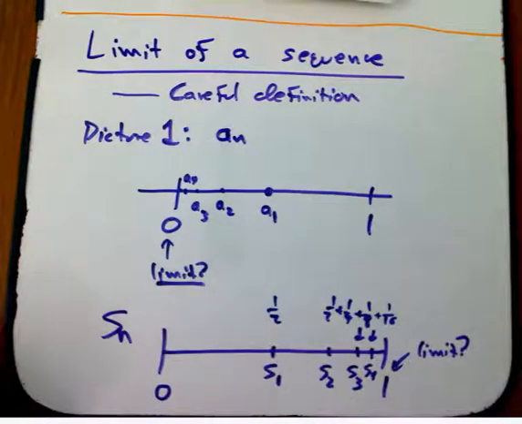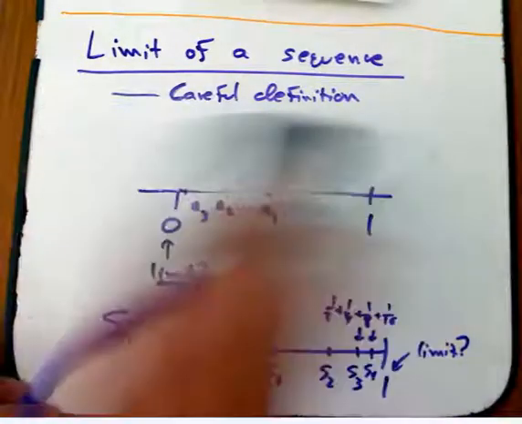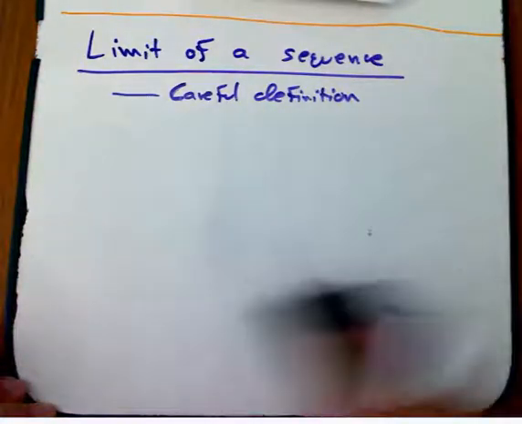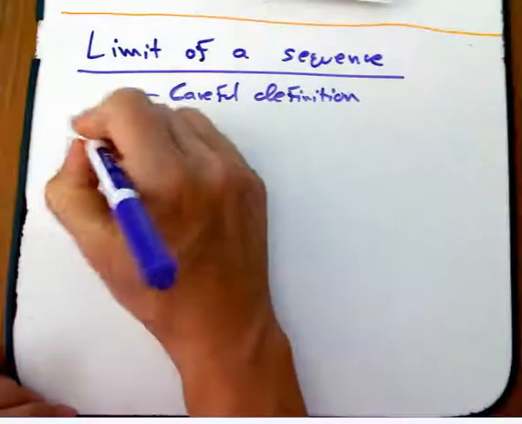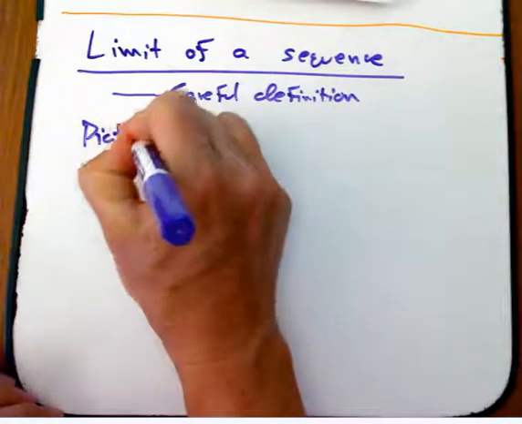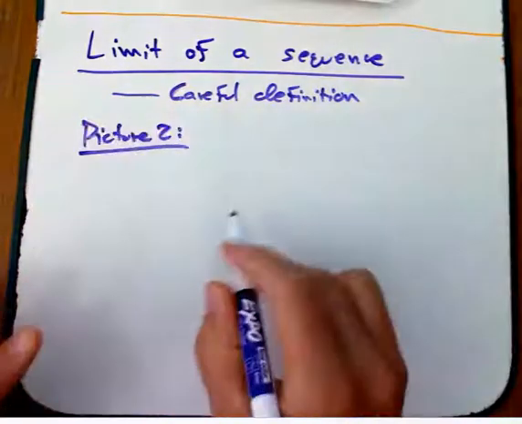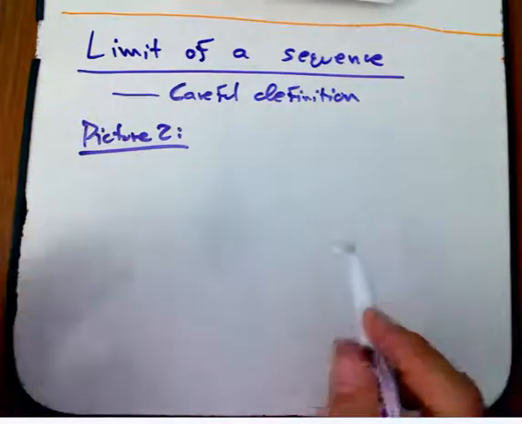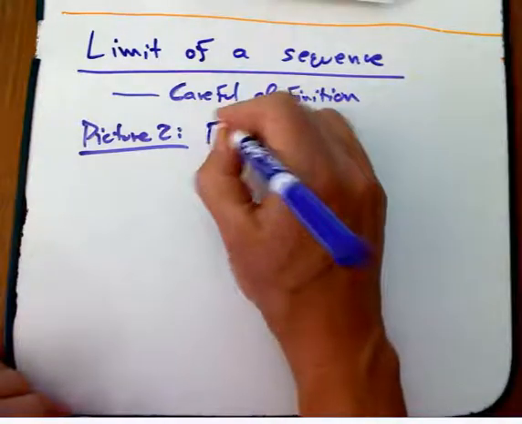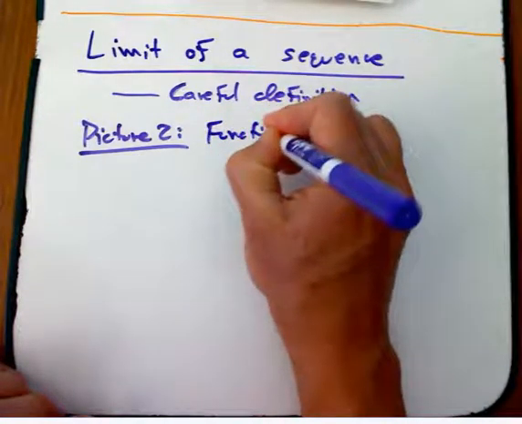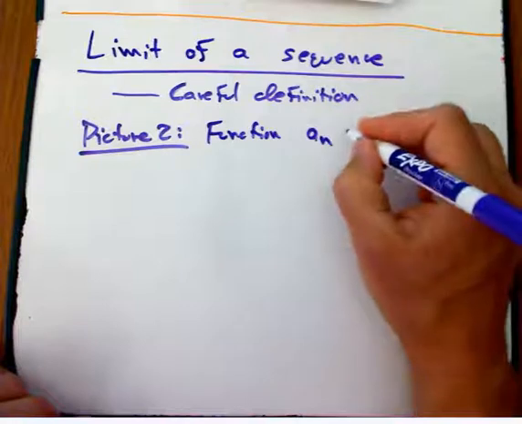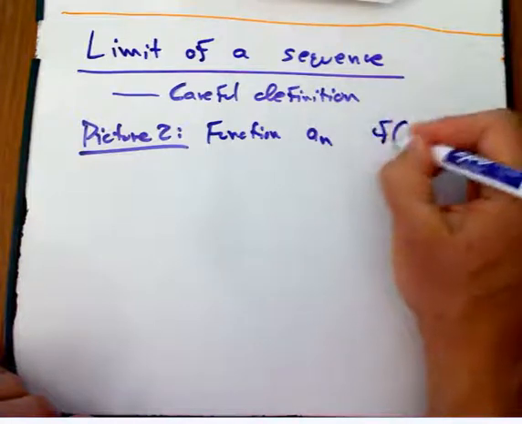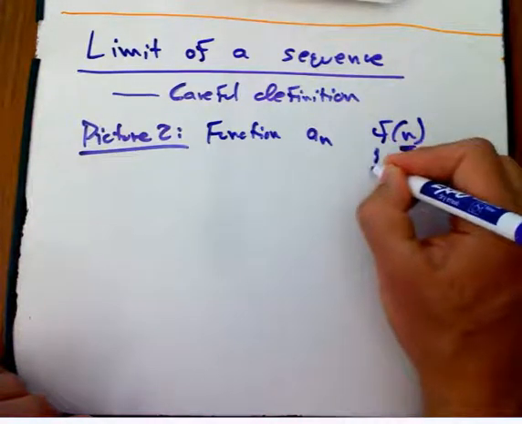Picture number 2, always useful as well for sequences, is to picture it like a function. In that first picture, I just had a number line for the values of the sequence, not the indices. Here you take a sub n and treat it like an f of n, input and output.